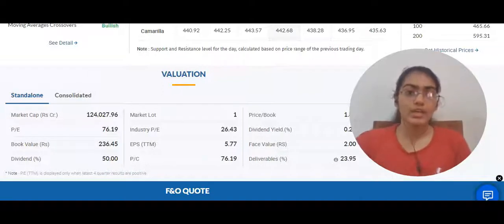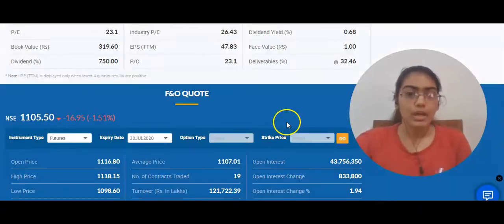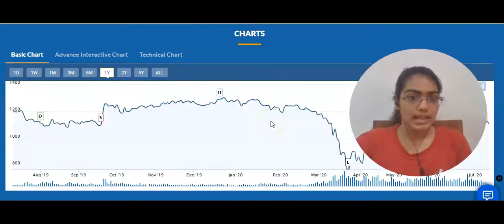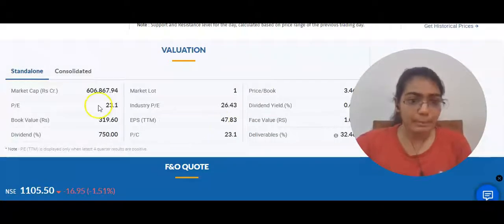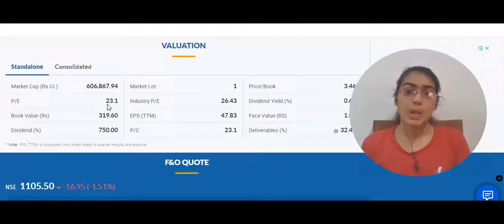So I have taken a competitor just for the sake of example, HDFC Bank. As you can see, this is HDFC Bank, right? The PE of HDFC Bank is 23.1, which is lower.